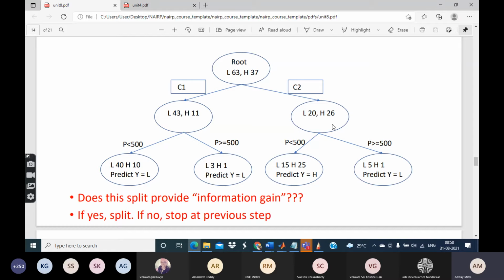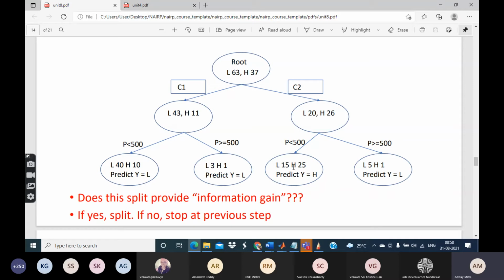The same thing I repeat here also. At every point, whenever you have a subset, you will always want to consider if you can split any further or not.